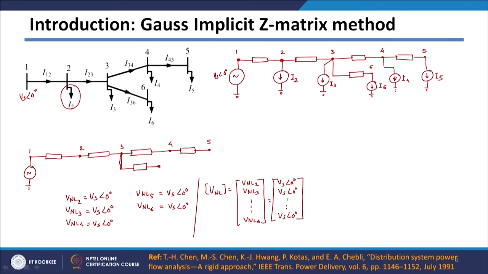So we can say that this VNL will be available to us, because this voltage is known during the load flow solution. Now, as I told you, the second step is to consider all the current sources and remove the voltage sources. In that case, your network will be something like this.